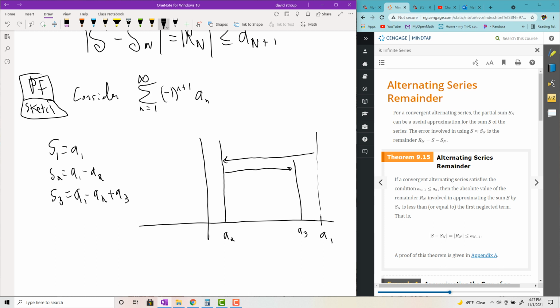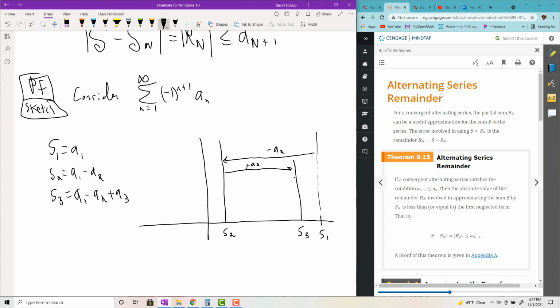On the bottom here, these should be s sub 1, s sub 2, s sub 3. And then the moves are a sub 1, a sub 2, a sub 3. So this first point here would be s sub 1. And then you're subtracting a sub 2. And that would bring you over to here, which is s sub 2. And then you're adding in a sub 3. So that would bring you to s sub 3.